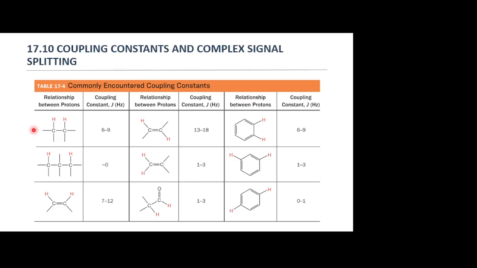Okay, let's talk a bit about some coupling constants and more complex signal splitting. And so these coupling constants, depending on how far away from each other they are and what they're coupling across, tend to be different. And so by measuring that distance between the coupling, that splitting that happens, you can actually tell what the relationship is. Okay? And so again, we're working down that priority of ease and importance, right?